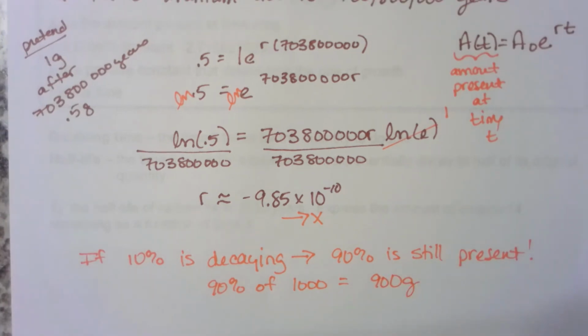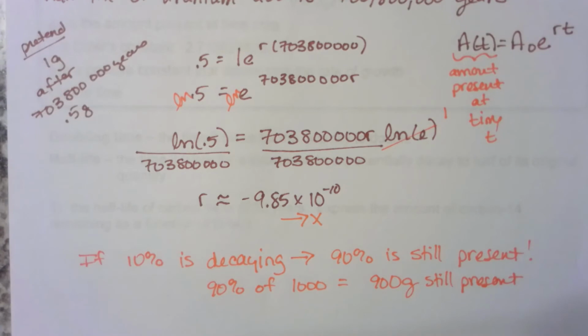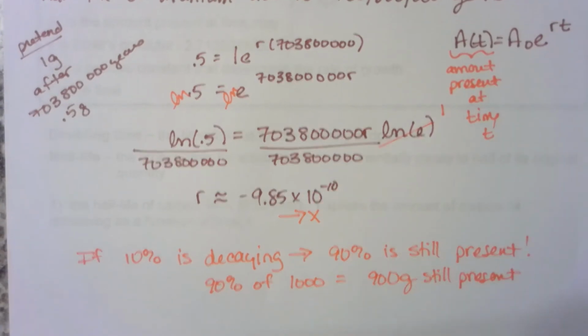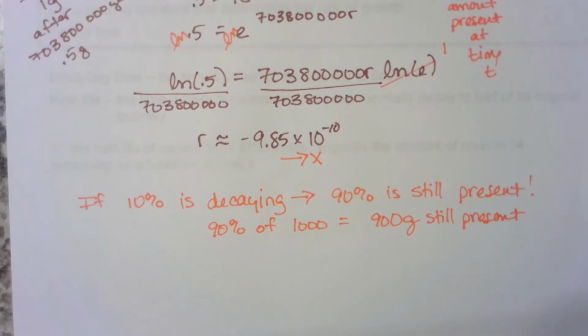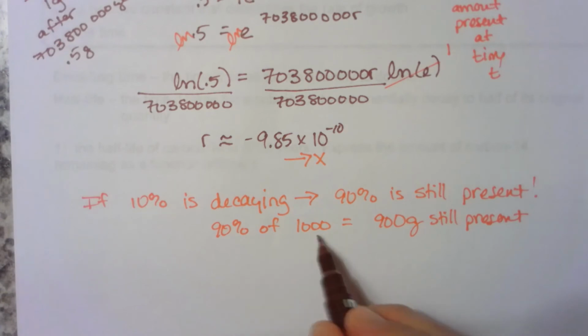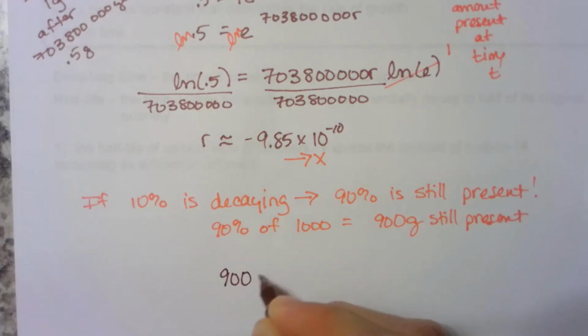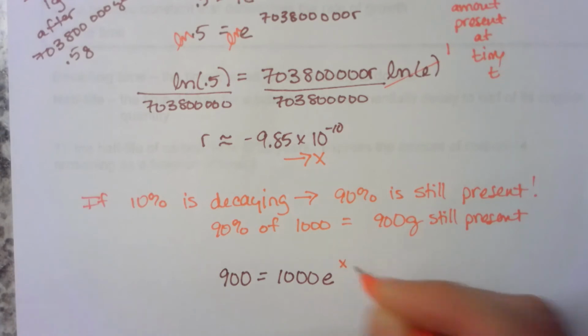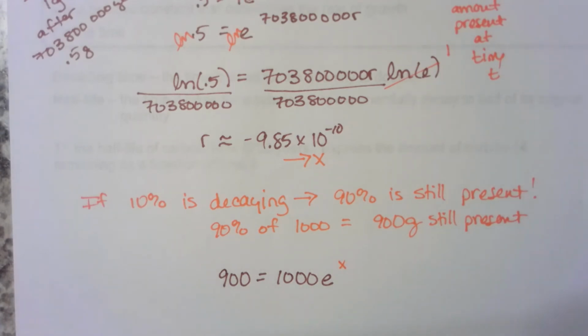That's how much is still present. So let's put all of this into our formula. Remember, we're using this formula. So we have 90% of 1,000 is 900. The original amount was 1,000, e to the r, but our r is that special x that we stored in our calculator, times t.